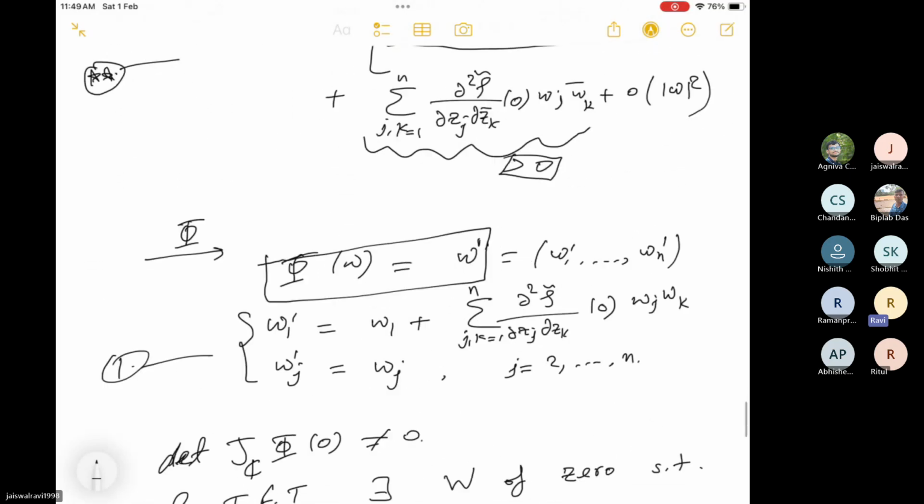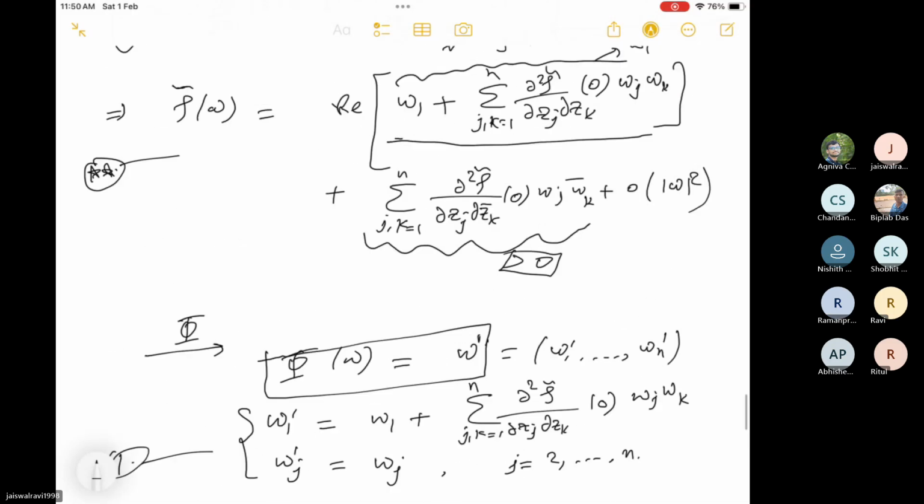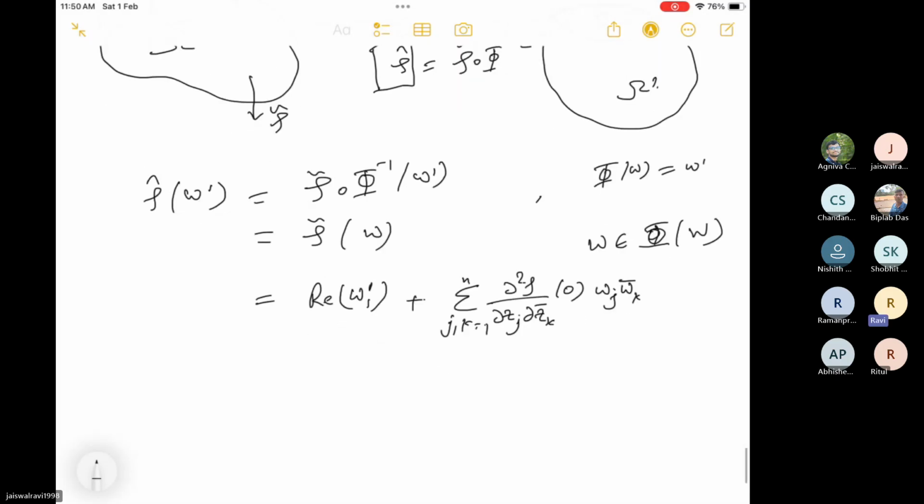So if you put rho hat of W, we know this thing is nothing but W1 prime, because that's how we choose. So rho hat of W is nothing but the real part of W1 prime plus the other coordinates, I will write just like that: sum over j, k from 1 to n of del square rho by del zj del zk bar at 0 times wj wk bar plus little o of mod W square.